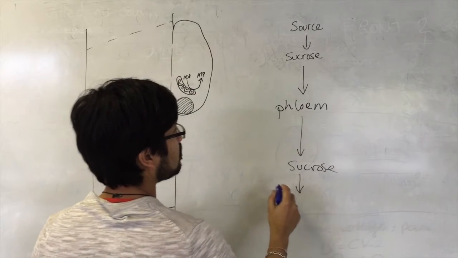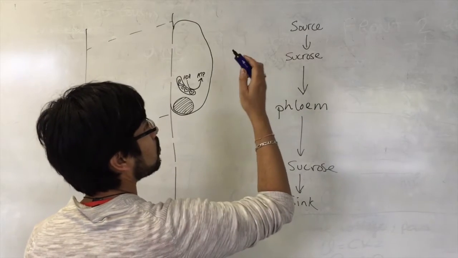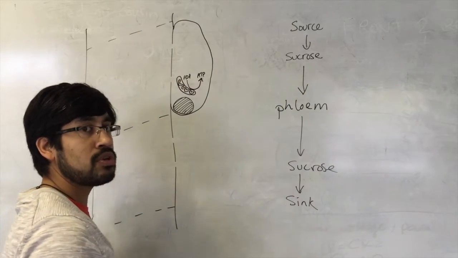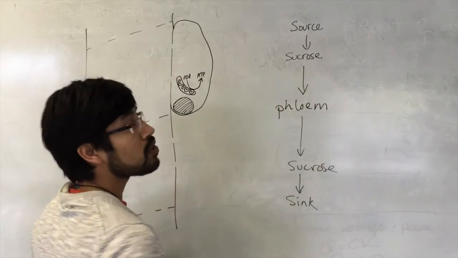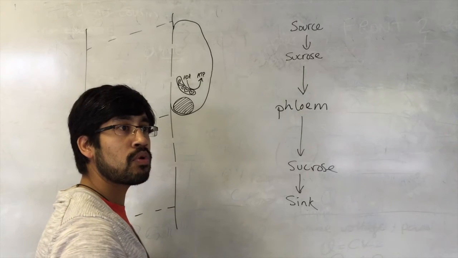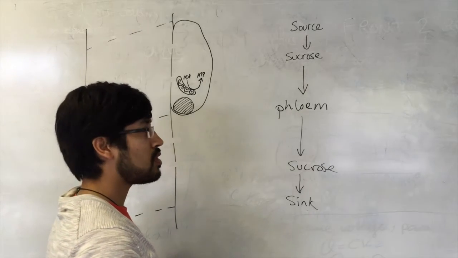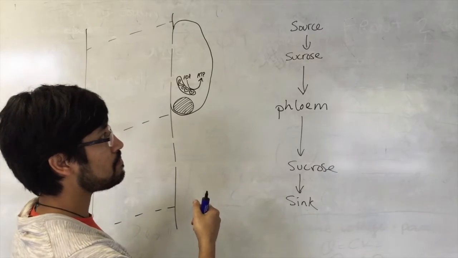Okay, that's in very simplistic terms. Wherever sucrose is being produced more than it's being used up, that's what we call a source, and wherever it's being used up more than it's produced, that's called a sink. I hope I got that right.